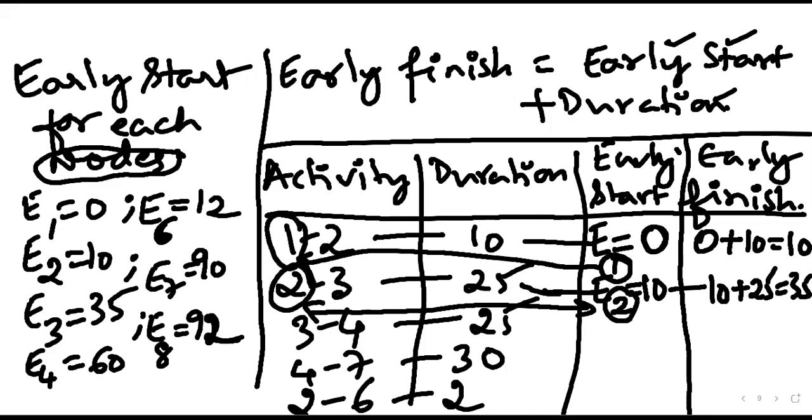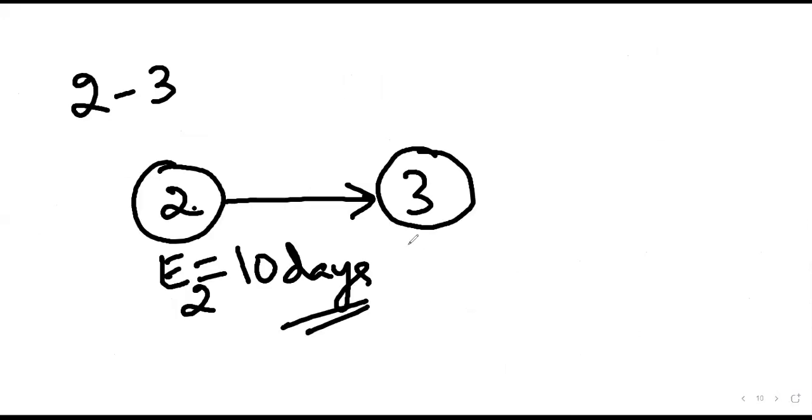Sir, I didn't understand how to calculate early start, sir. Early start. See, we'll just consider the 2-3 activity itself. Now the 2-3 activity is represented this way, right? 2-3 is represented in this particular form. 2 would be the starting point of this activity, and 3 should be the ending point of this activity.